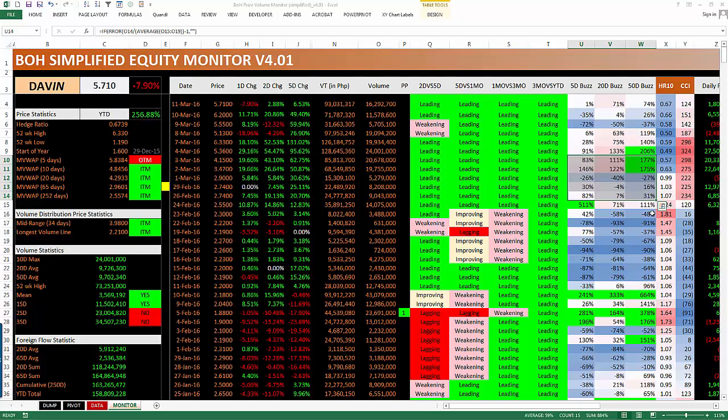Nangyari yung ganun kasi range bound yung stock na yun all the way to 290 area. Actually, 254 to 290 area, range bound pa rin siya. So, kahit umaakyat yung stock na hindi nagvo-volume buzz, kasi nga range bound siya. Nagmatter lang yung volume buzz nung na-break na niya yung trading range, which was above 290 area.